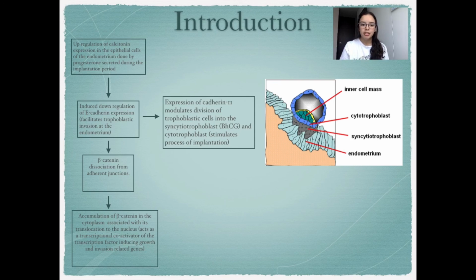When this molecule is decreased, there's going to be a dissociation of beta-catenin, which is also part of this complex, and this molecule is going to accumulate in the cytoplasm, and due to a signaling pathway, it's going to be translocated to the nucleus, where it's going to act as an activator of transcription factors that are going to induce cell growth and further promote the implantation process.